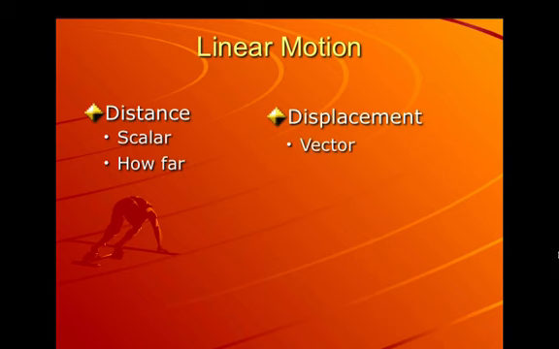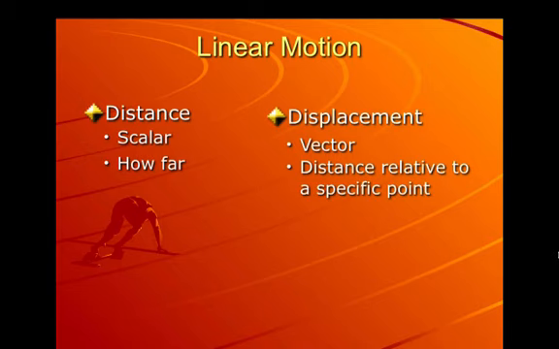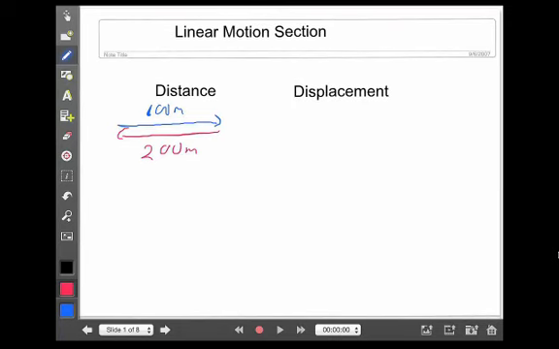Displacement, however, is a vector, meaning it has both magnitude and direction. And it is defined as your distance relative to a specific point. So if we look at that same example, get on the starting line, run 100 meters, turn around, and run back where you started.